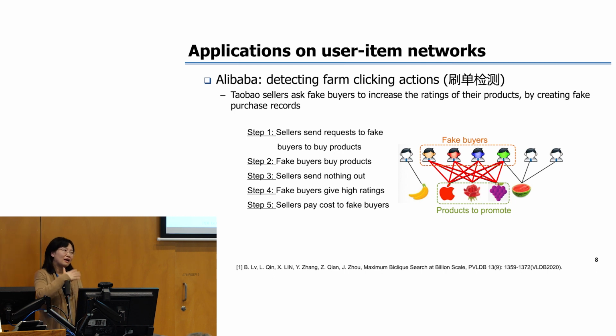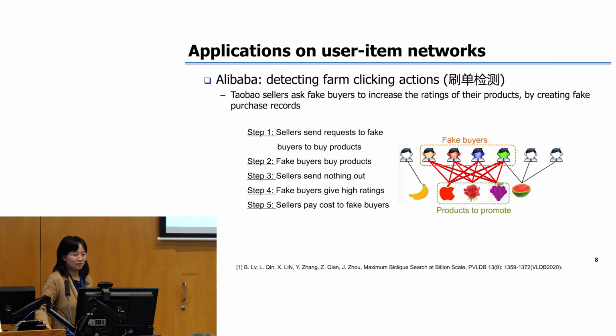In an actual real-life network, the graph tends to be quite sparse. But in this bipartite graph, if we identify a subgraph that is particularly dense, this can be suspicious. It is not for sure, but we can detect this suspiciously dense subgraph and hand it to the platform for further investigation.